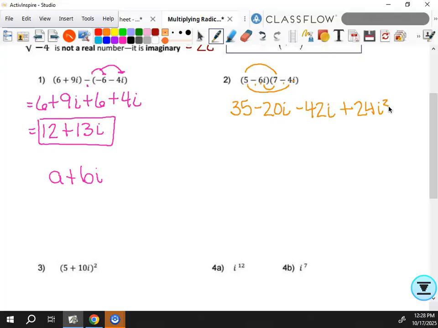So if I was to rewrite this, let's do 35. Let's go ahead and combine these. Negative 62i. But since i squared is negative 1, this is really minus 24 with no i's on it. And what's 35 minus 24? 11.